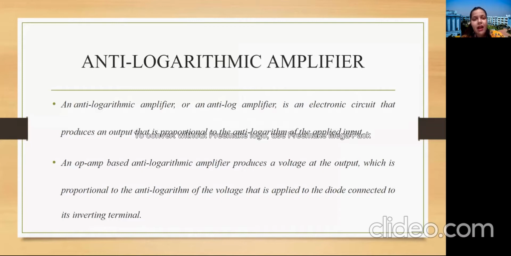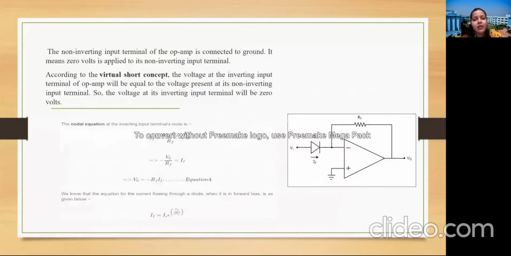Now, from the concept of integrator and differentiator, you can easily assume that the place of diode and the resistor will be interchanged, and the same thing has been done over here. In our previous diagram of the logarithmic amplifier, the diode was used as the feedback element, whereas here the diode is being used as the input element, and as a feedback resistance, here we have used a resistor.